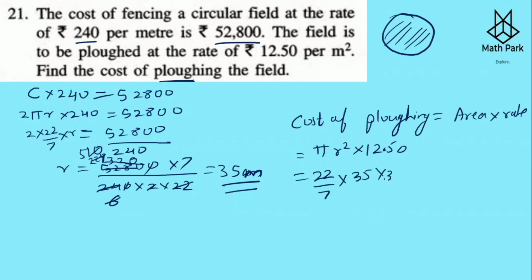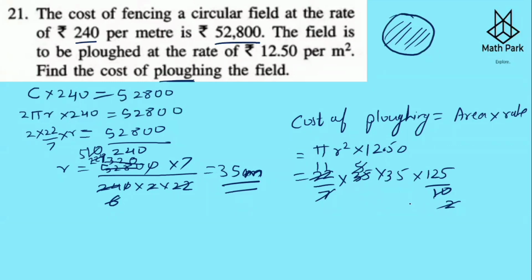So 35 into 35. This I can make it as 125 by 10. So let us simplify. 7 5s are 35. 5 1s are 5. 5 2s are 10. 2 11s are. Multiply this 11 into 35 into 125.